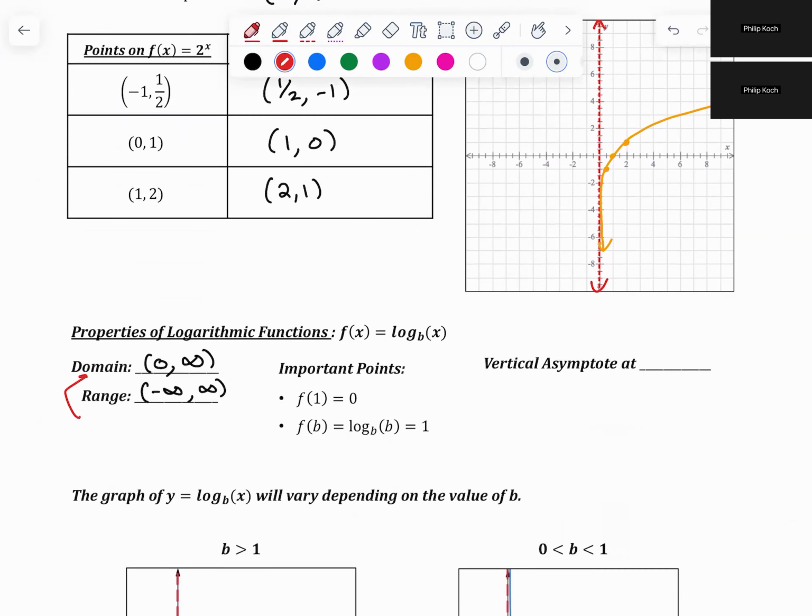Key point from the domain: this means the inside of a log needs to be positive.